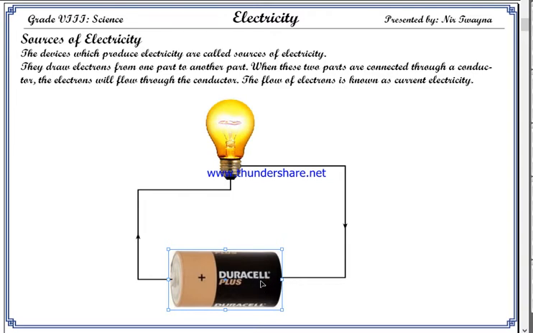Electrons or charges will start to flow from negative terminal to positive terminal through the conductor, because negative terminal has large number of electrons, whereas positive terminal has small number of electrons. Understood?